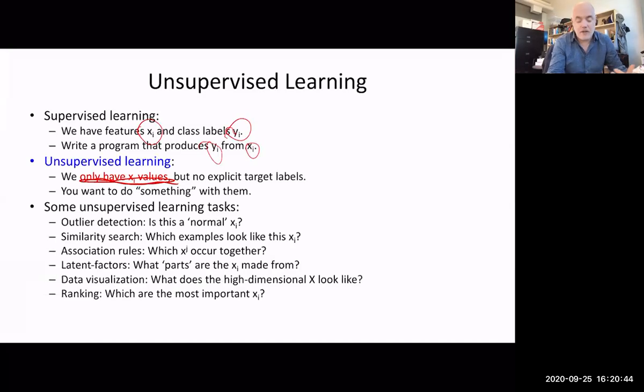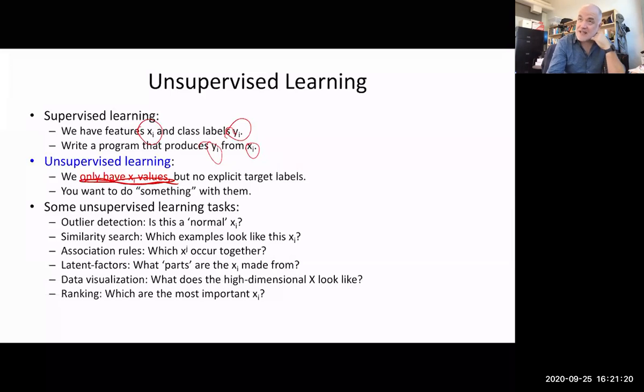And the kinds of things that you might want to do are actually pretty broad. You might want to say, is this a normal xi? That question is really a question of outlier detection. You might want to ask whether or not examples are similar to one another. So that's similarity search, or which examples look like this xi. You might want to figure out association rules, like which features actually occur together. You'd like to learn latent parts models or latent factor models of your data and ask what parts the xi's are made from.